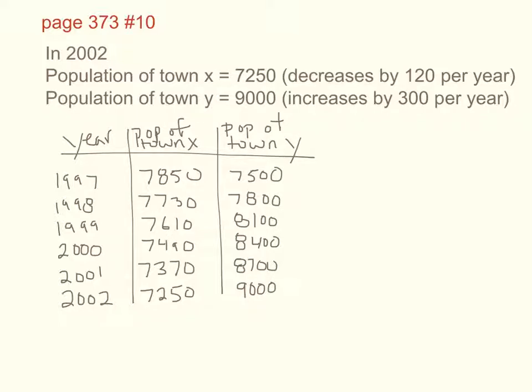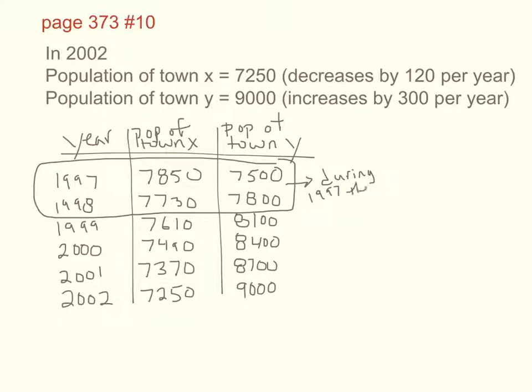So sometime in year 1997, town Y overtakes town X, where they have the same amount of people. So during 1997, they have the same population.